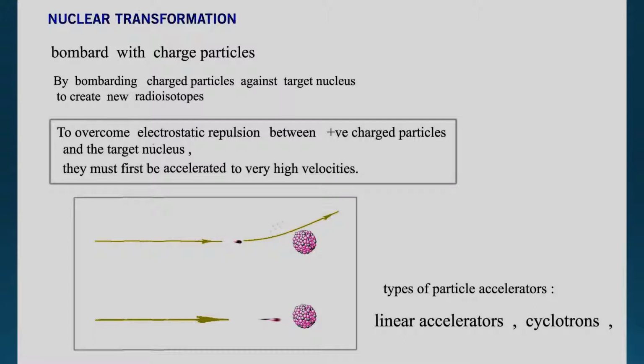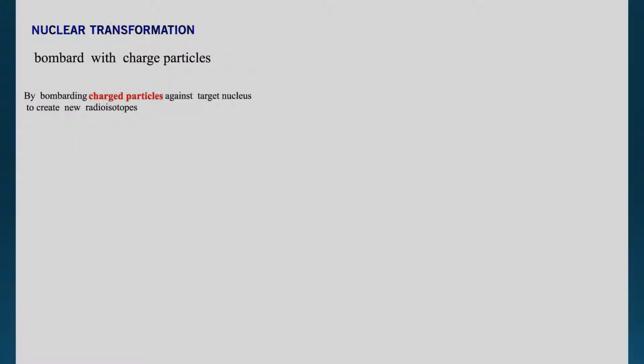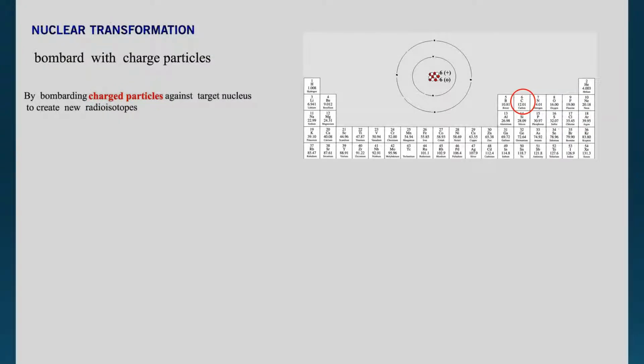There are two types of accelerator. One is called a linear accelerator, but in Australia we use the cyclotron. And now we're going to talk more about the cyclotron. So let's explain what is meant by bombarding with a charged particle to create a new isotope. What does charged particle mean?